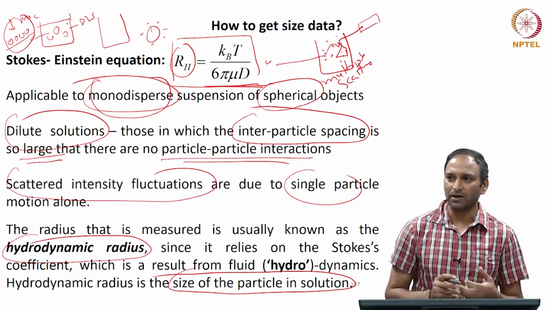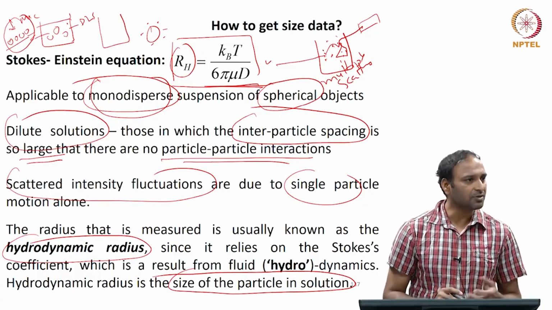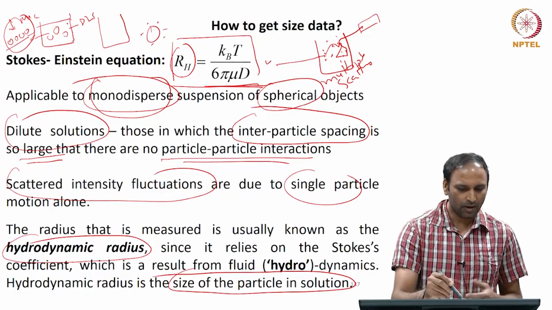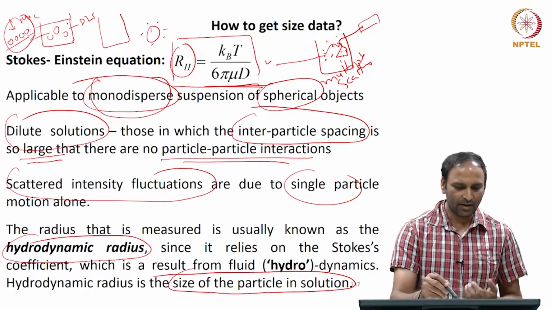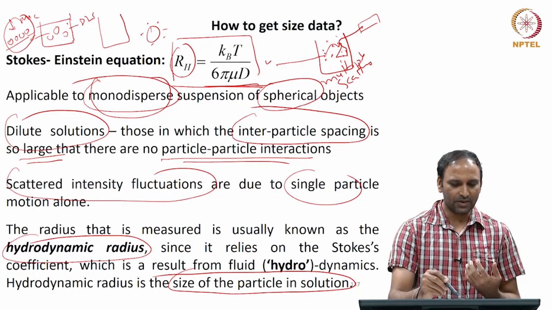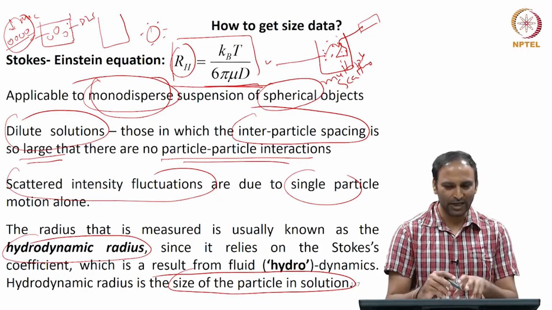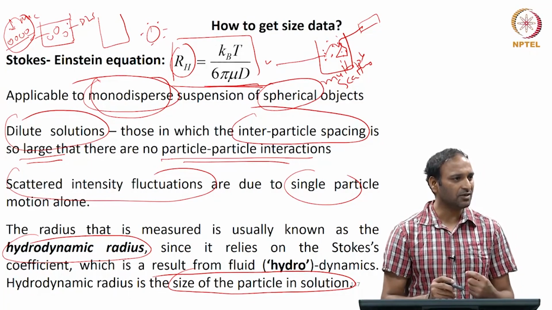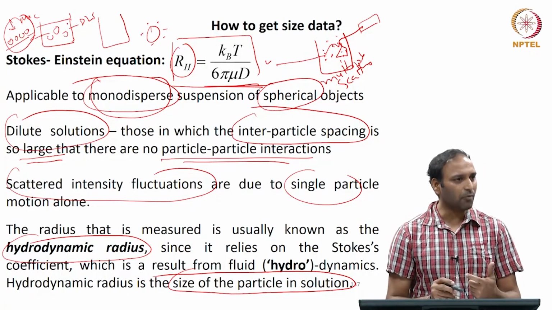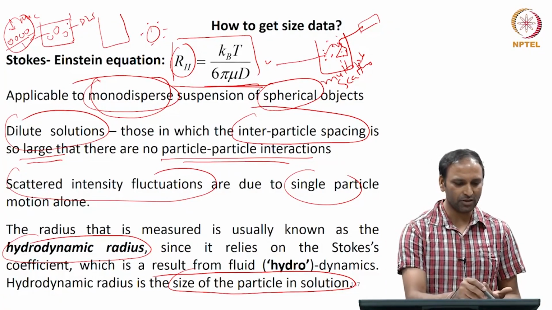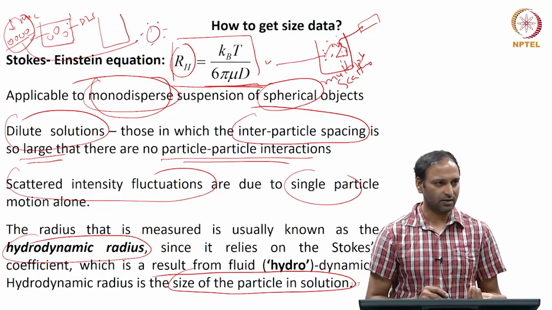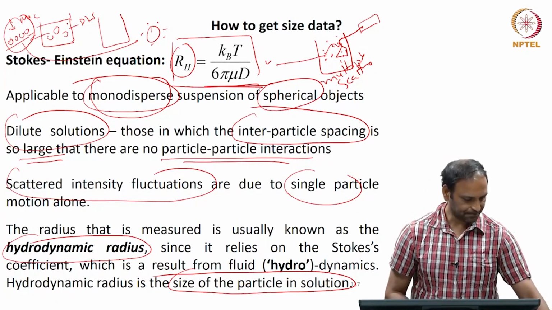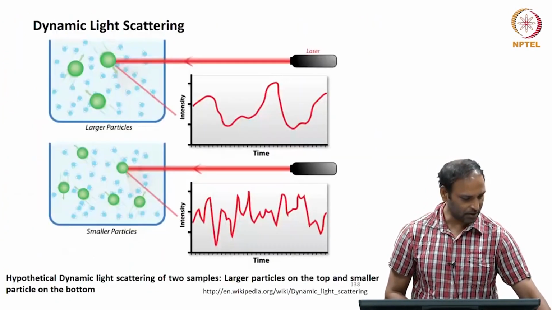The effective size of the particle may be slightly larger because of the charges, depending upon the surface charge density, and depending upon the arrangement of water molecules around the particle surface. Typically you may measure sizes that are slightly larger than what you would measure with the dry technique. So, the size that you measure with DLS is what is called the hydrodynamic size.